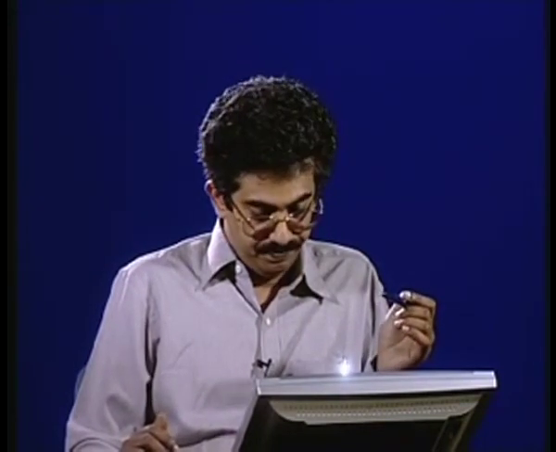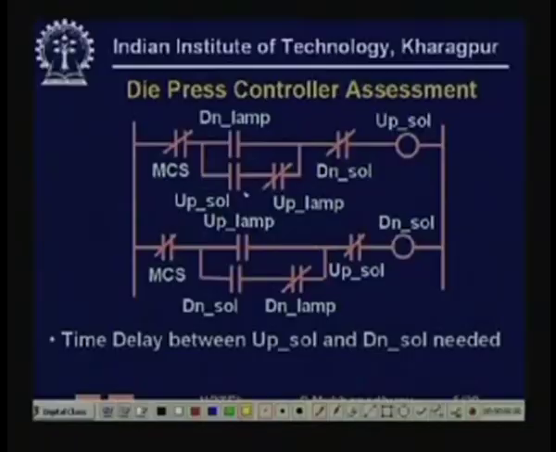Now let's look at this. Initially suppose the down solenoid is on. So the down solenoid is on means this is on. When this is on, obviously because you have an NC contact here, the up solenoid is off.